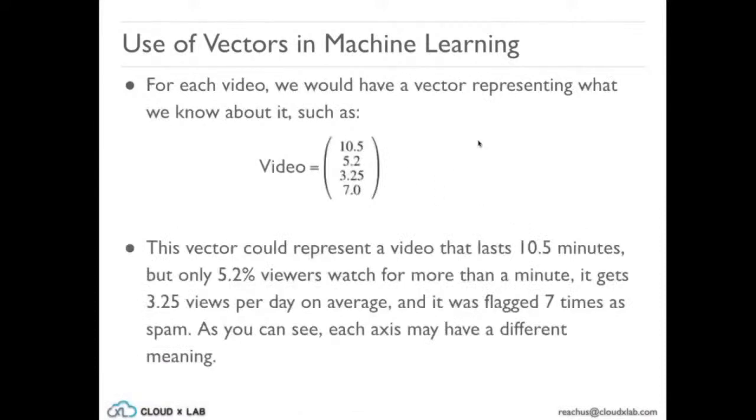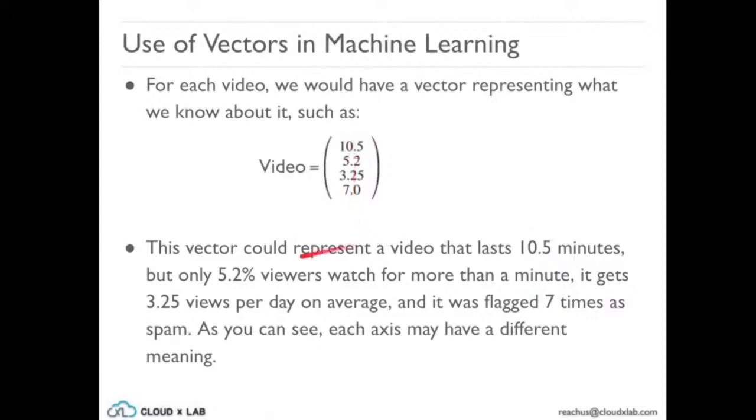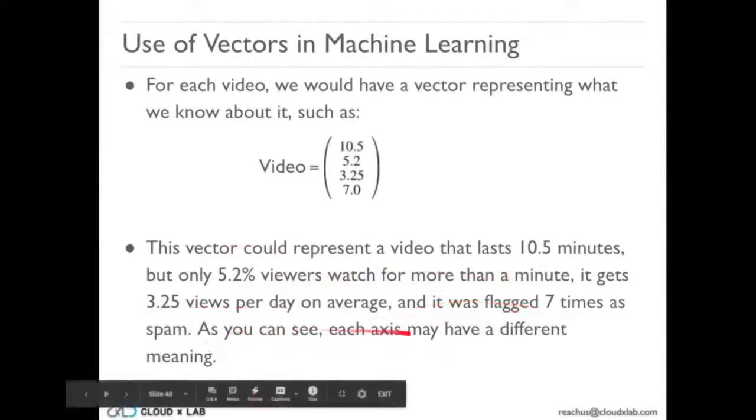So this is another way of representing video information. For example, this is a representation saying that this video lasts for 10.5 minutes. It has 5.2% viewers, as you can see, 5.2. So it's got 10.5 minutes, that's 10.5 over here. It's got 5.2% viewers who watched for more than a minute, it gets 3.2 views per day on average, and it was flagged 7 times as spam.